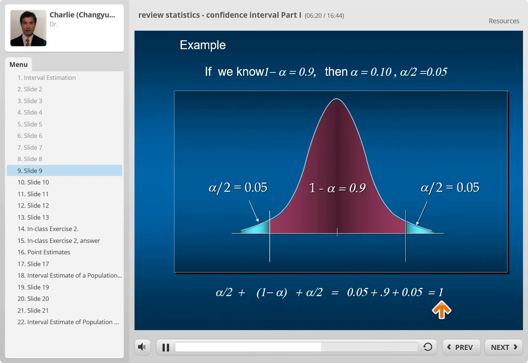Another way to look at this is we specify 1 minus alpha equals to 0.9. Then we calculate alpha equals to 0.1. And then alpha over 2, of course, equals to 0.05. So in this way, if we know the middle, then we know the size of the two tails.